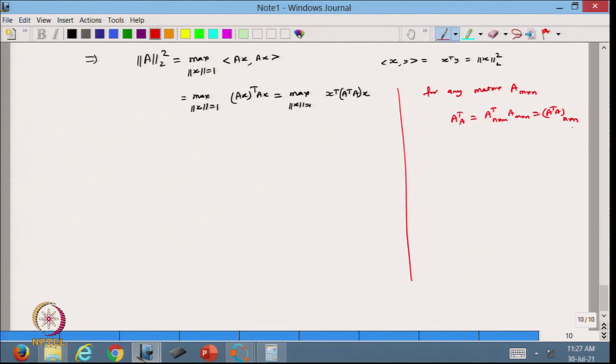So, it is always a square matrix. One thing is that also A transpose A, if I take the transpose, then this becomes A transpose A transpose, and that is A transpose A. And from here I can say that A transpose A is a symmetric matrix.